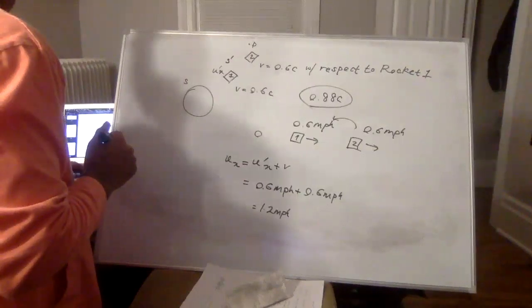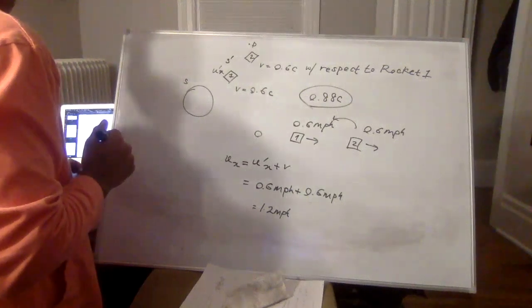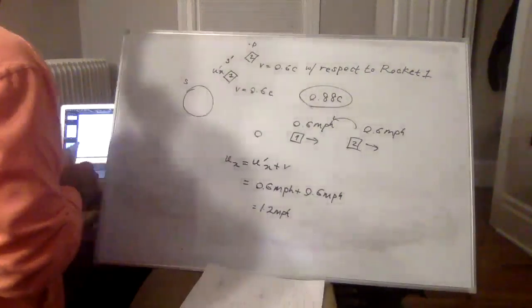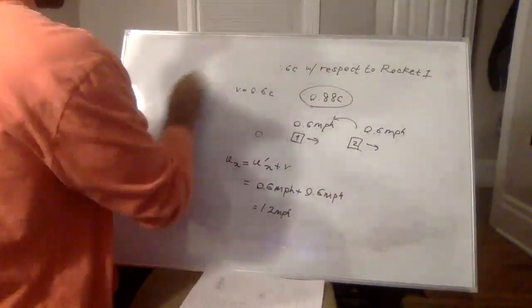The last thing I'm going to cover are just some basic formulas called Doppler shift. Doppler shift is basically the change in frequency or wavelength of things moving towards each other.